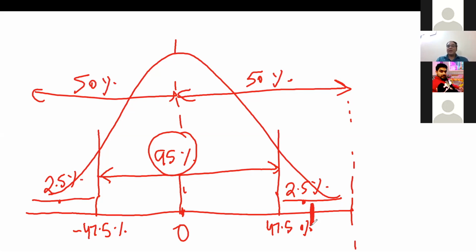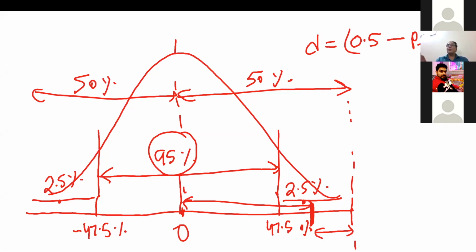So software will calculate this distance, and this distance is calculated by 0.5 minus p-value. This is the probability value of Z. Because we are covering only one side, we multiply it by 2. So this is the formula for p-value.